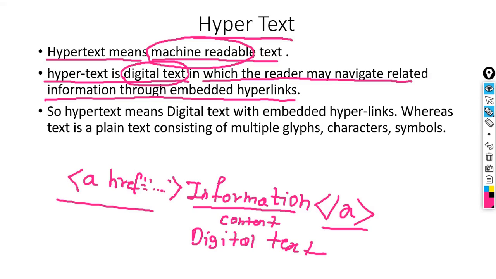What will happen if a user puts the cursor over this word, information? It will highlight. If the user clicks on this particular word or digital text, then it will navigate to this reference.